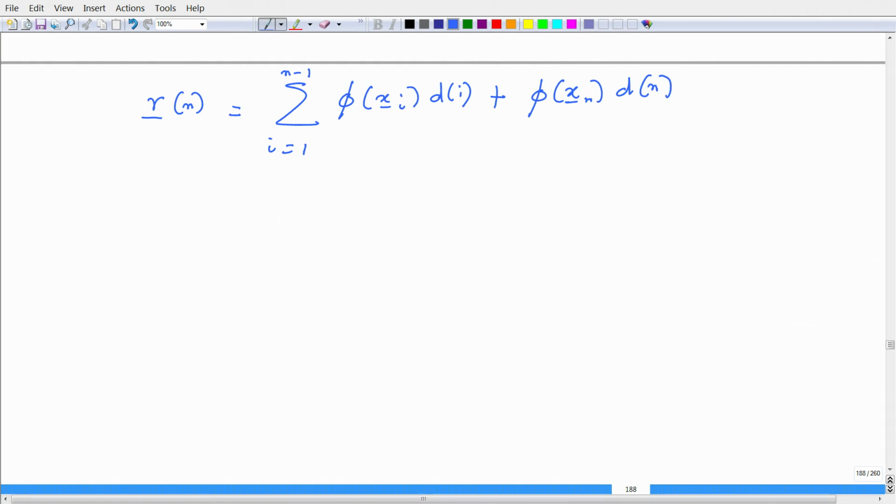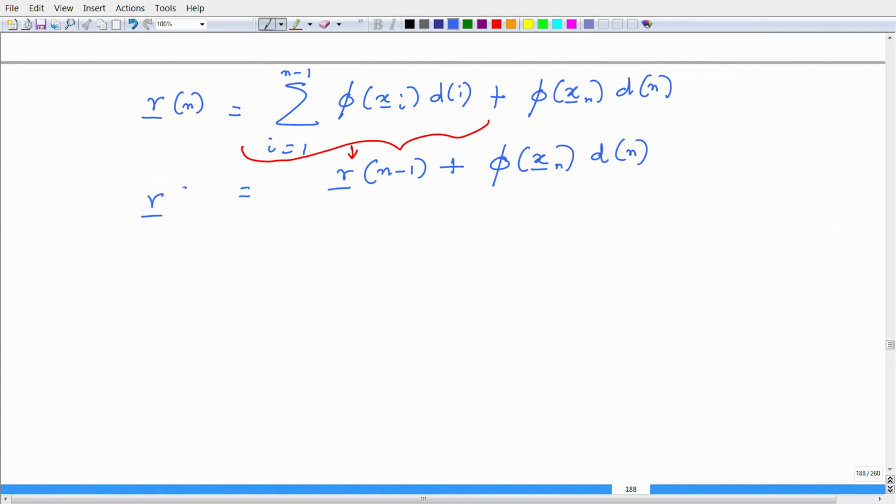If you look at the original summation, it is summation i equals 1 to small n phi of xi d of i. I will just split this into the first n minus 1 terms, and then the last term. So, now this can be written as r of n minus 1 plus phi of xn times d of n, and this is my r of n.